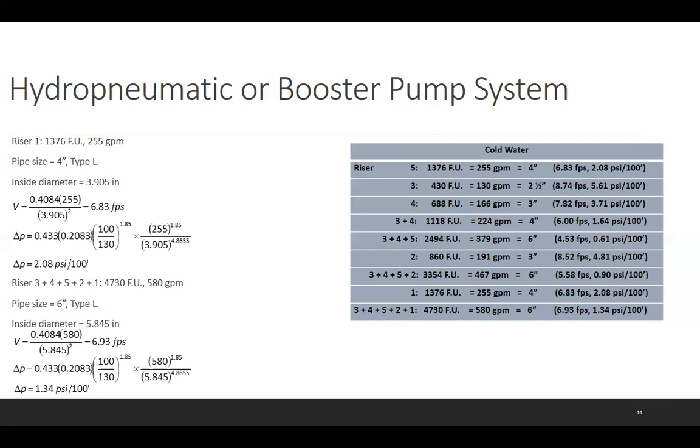The delta P is equal to 0.433 times 0.2083 times 100 over 130 to the 1.85, times 580 to the 1.85, over 5.845 to the 4.8655. The delta P is 1.24 PSI per 100 feet. This is for cold water.